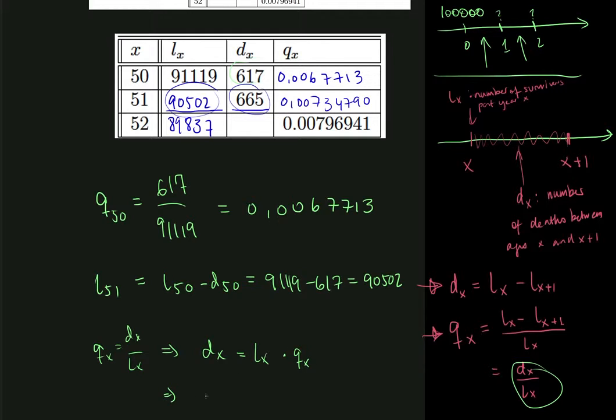And that means that D52 is equal to 89,837 multiplied by 0.0079691. And that number is 716.